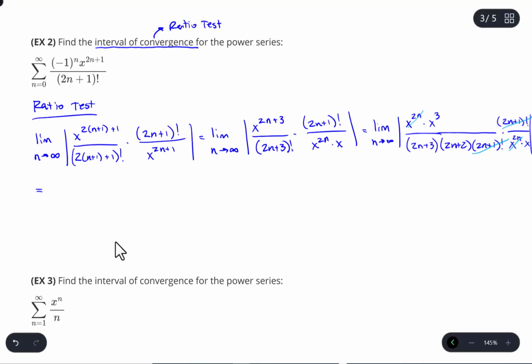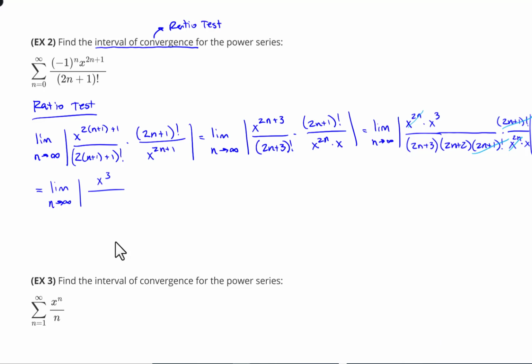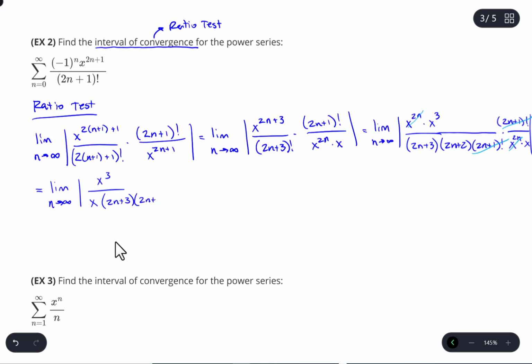And now I have the limit as n goes to infinity of x cubed is all that's left in the numerator. And then I have x times 2n plus 3 times 2n plus 1.